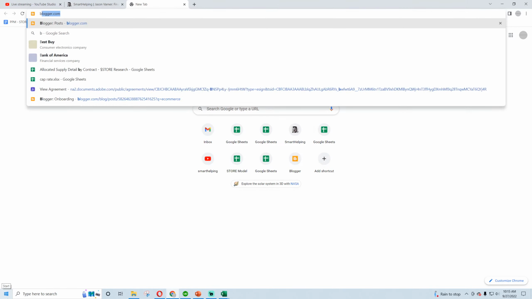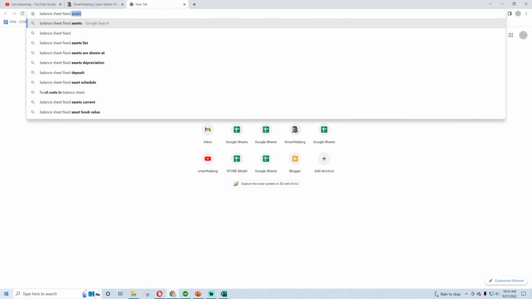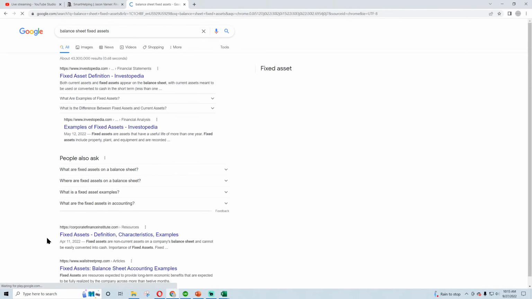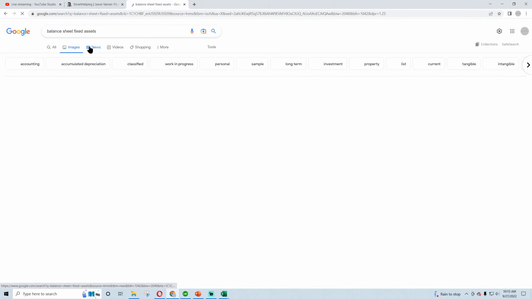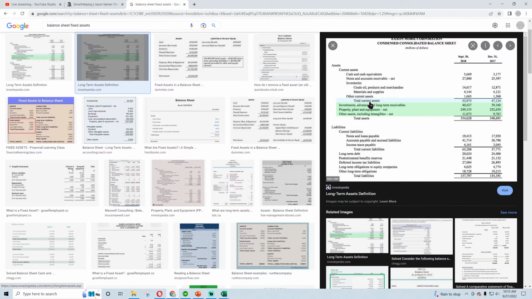All right, let me just look up balance sheet fixed assets. I just want to see some label examples here. So current assets, cash, notes, accounts receivable, inventory. Yep, that's what I figured. Other current assets. I don't know if we'd have any other current assets. Maybe we'll build that in. Right now, I'm just trying to do bare bones. Investments, long-term receivables.